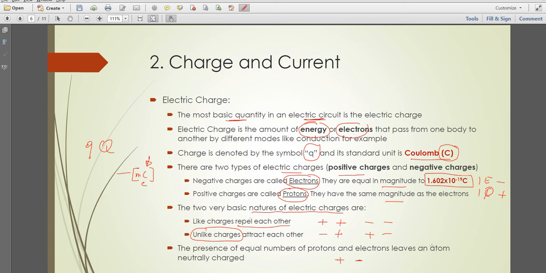An atom is a combination of protons and electrons, so this atom will be neutral, static, not movable. This is what we call neutrally charged, when they have the same amount of electrons and protons.